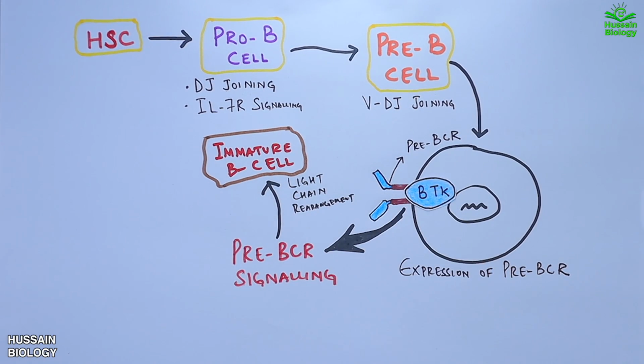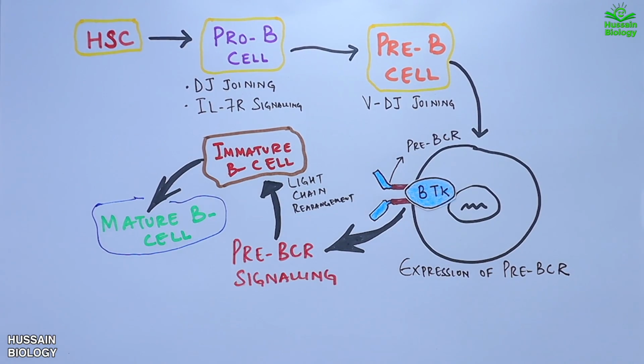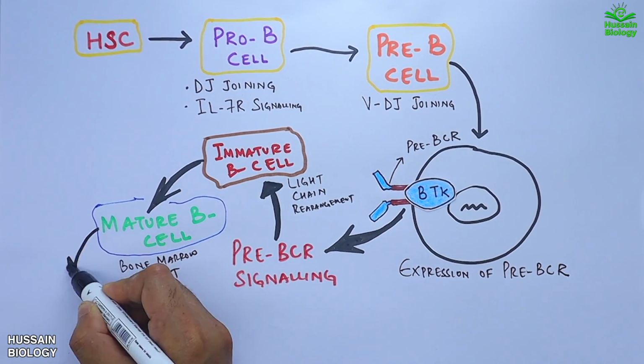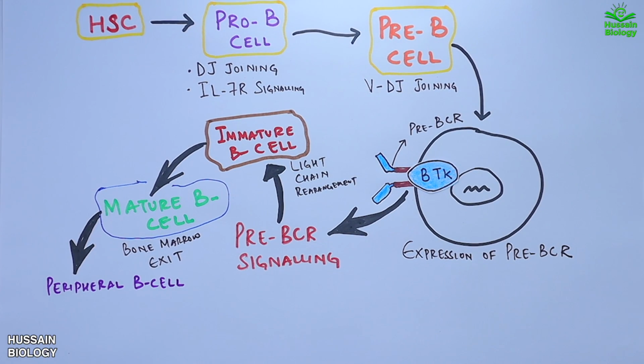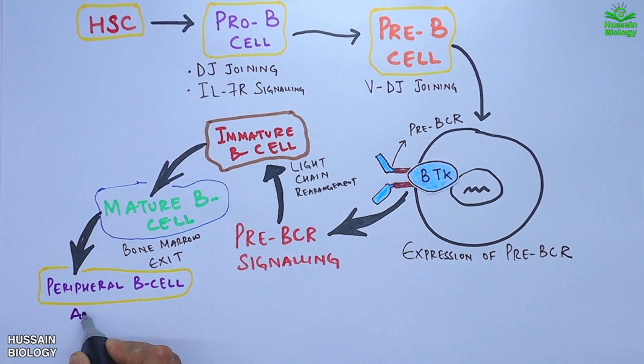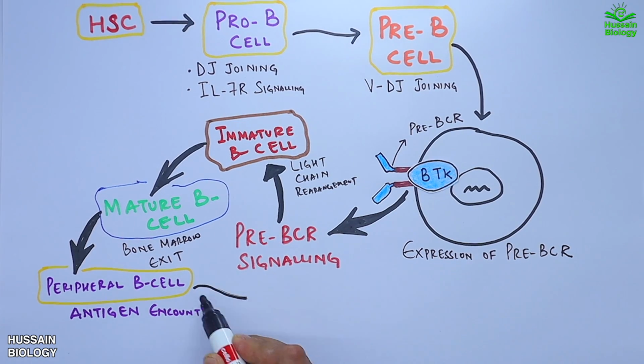At this stage, it expresses a complete B cell receptor, that's BCR, on its surface, although it still resides in the bone marrow. And then if it passes the self-tolerance checks, meaning it does not strongly react to its self-antigens, it matures into a mature B cell and exits the bone marrow to enter the peripheral lymphoid tissues. There it exists as a peripheral B cell, scanning for antigens.